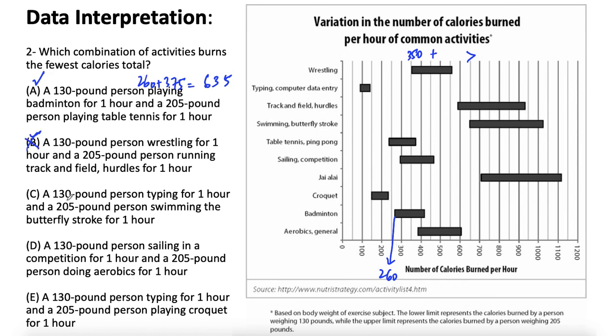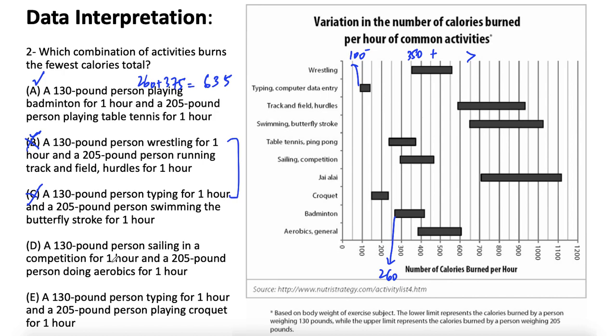Let's see the next one. 130-pound person typing for 1 hour. So 1 hour, for example, is approximately less than 100, very close. And 205-pound person swimming the butterfly stroke for 1 hour, and that is 205. Again, this is greater than 1000, so this value exceeds the first value. So both of these are not possible. Now see the next one.